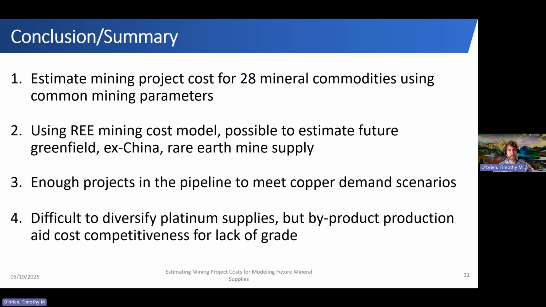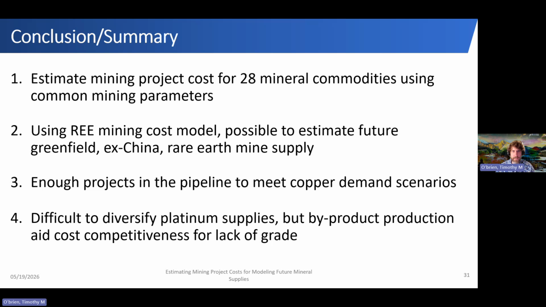And so, just a conclusion for the various things that I talked about today. First is that within the USGS, we have put together two mining cost models which people can use and integrate within their own work to estimate costs for 28 mineral commodities.